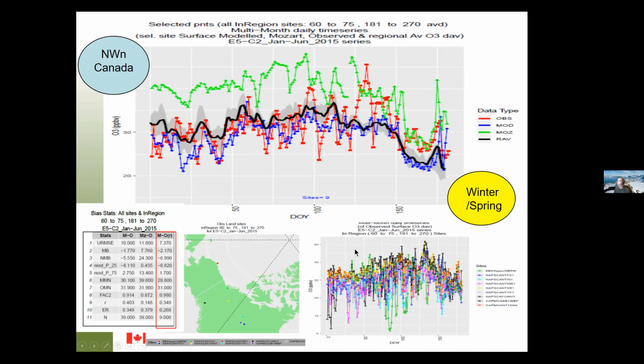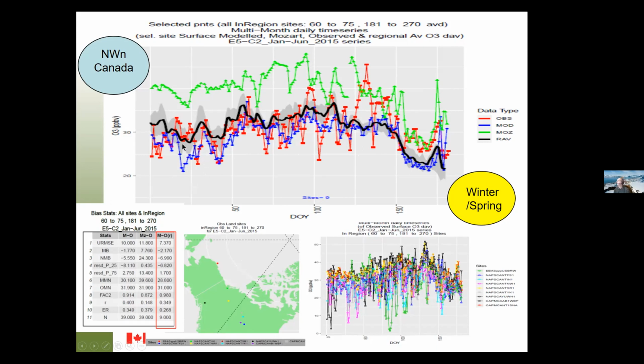We now have far more sites, and these are the individual sites shown on the bottom right. And I've tried to highlight where they are. They're still fairly sparse over the domain, but again, the regional average, so all points throughout the domain, is shown by this black line, and then the shaded area is the interquartile range.